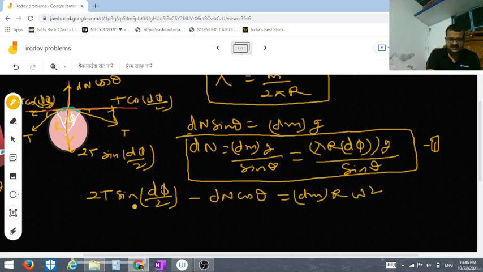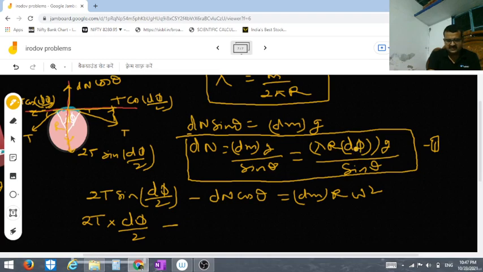You just put the values and approximate this sin d phi by 2. D phi by 2 is a very small value, so sin d phi by 2 will be approximated to d phi by 2. So I can write here 2T into d phi upon 2 minus dN.